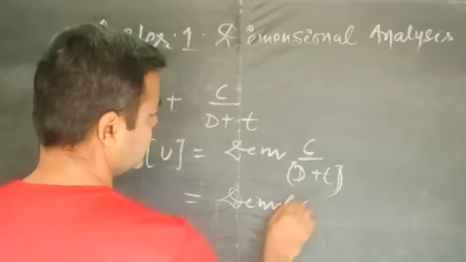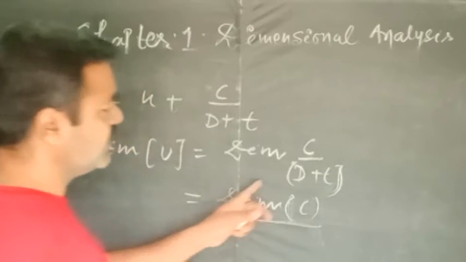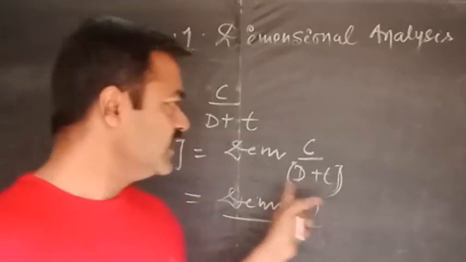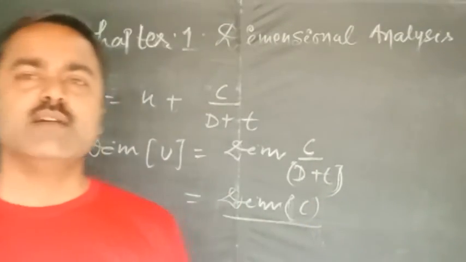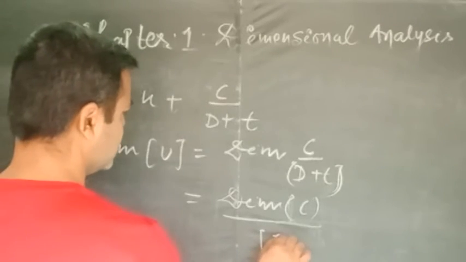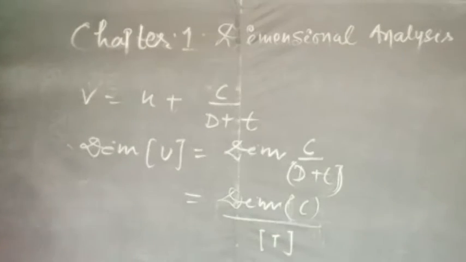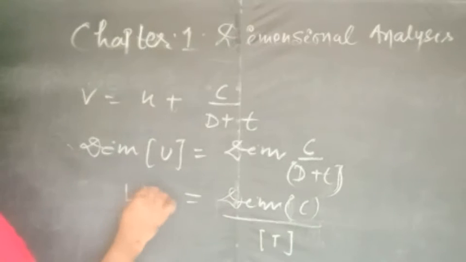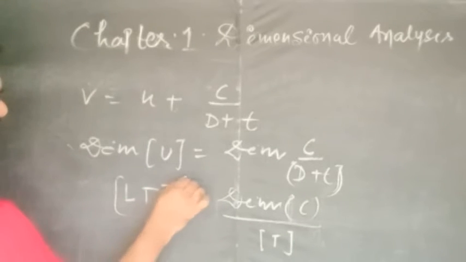You will write the dimensional formula of only one, either D or T, because both have the same dimensional formula. So the dimensional formula of this one is T, and this one is speed, so the dimensional formula is LT minus 1.